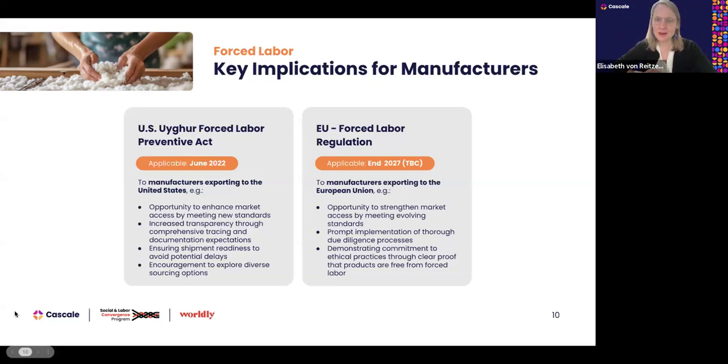So again, what does it mean for manufacturers? For example, opportunities to strengthen market access by meeting evolving standards, and prompt implementation of thorough due diligence processes is recommended. Also, an opportunity to demonstrate commitment to ethical practices through clear proof that products are free from forced labor.